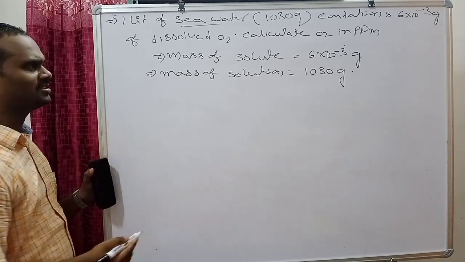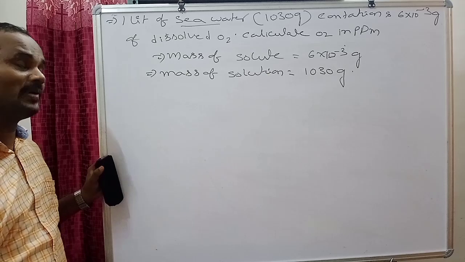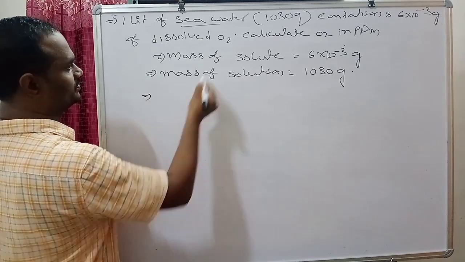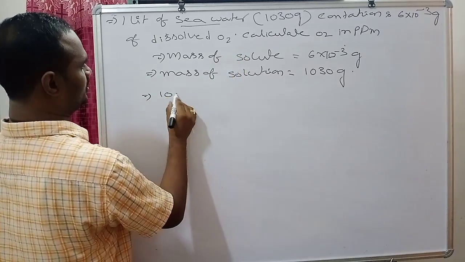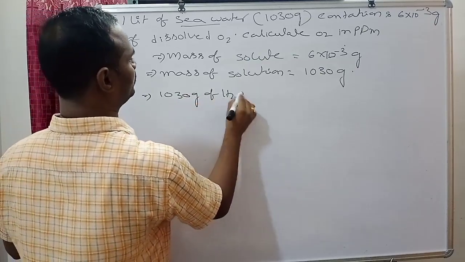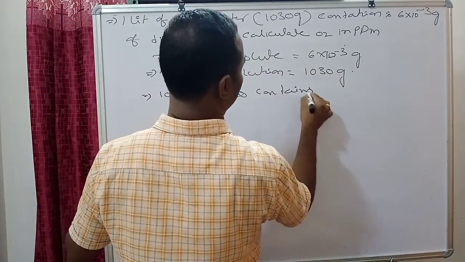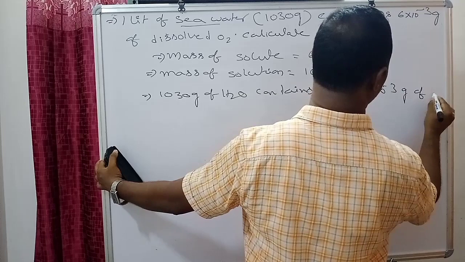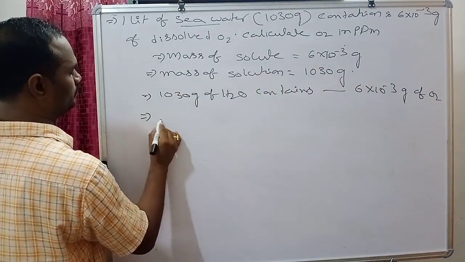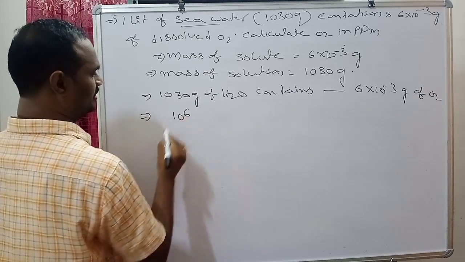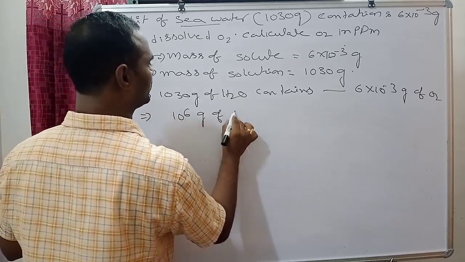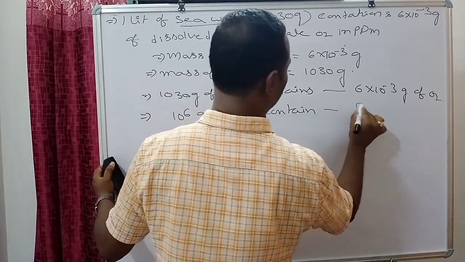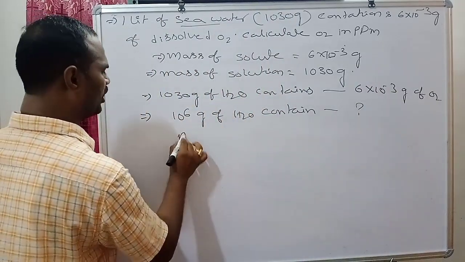Here ppm is how many grams of oxygen are there per million grams. So 1030 grams of seawater contains 6 into 10 to the power minus 3 grams of O2. Now, million parts means 10 to the power 6 grams of seawater contains how much oxygen? Same ppm formula.